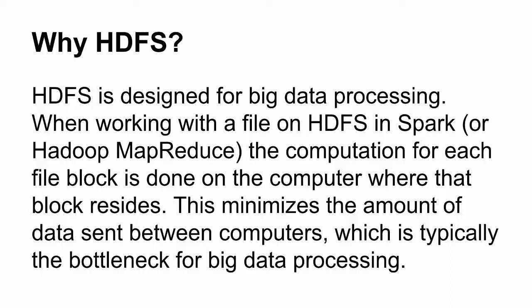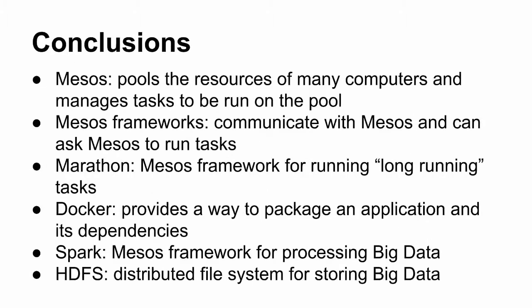If we have a file split up into 100 blocks, then we split our job into 100 sub-jobs and send each of those to the computer that is storing the block that job is for. That minimizes the network traffic, which is another big bottleneck for big data processing. So it reduces the amount of data you have to pass between computers.